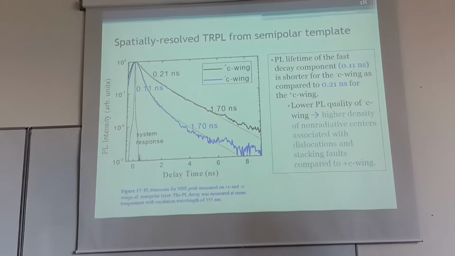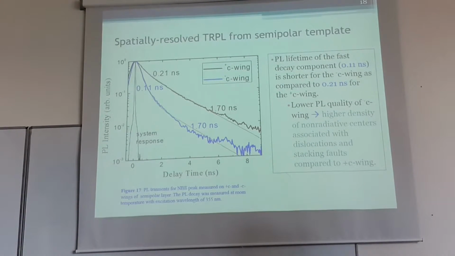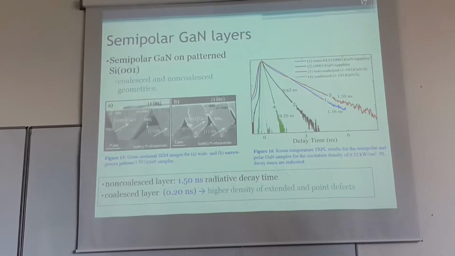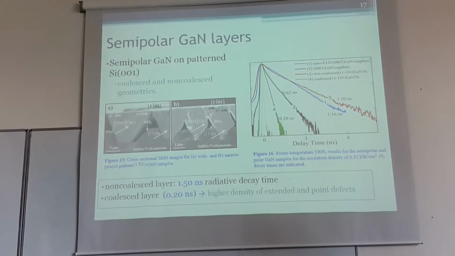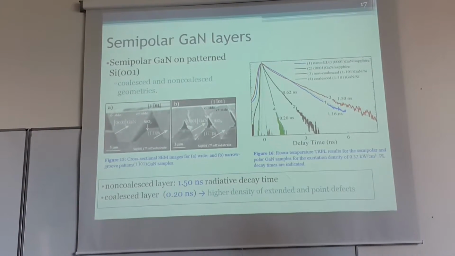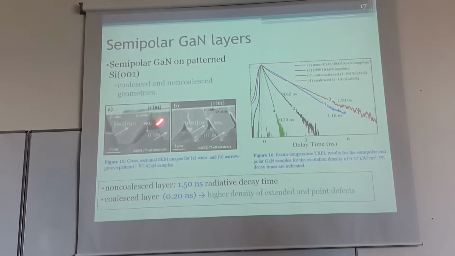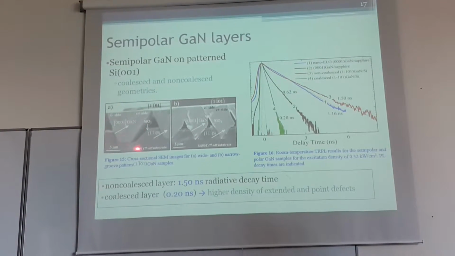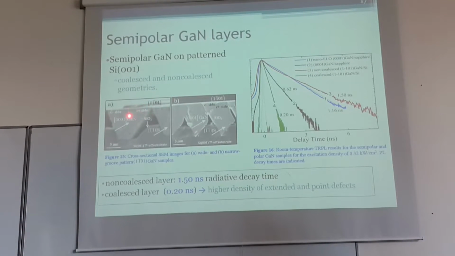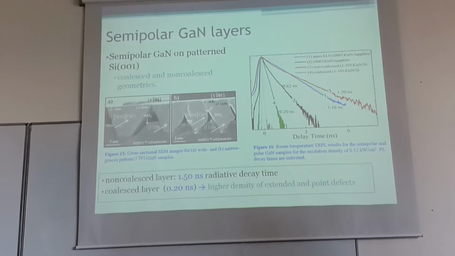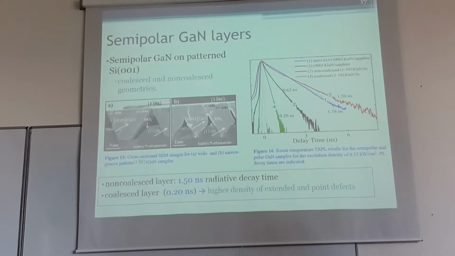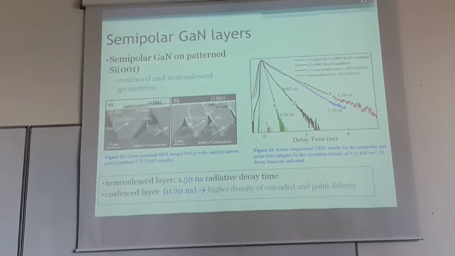So maybe I should show you here when we grow on this sapphire substrate. It grows in this direction and in this direction and other directions too, and we call this the C plus side, and this is the C minus side in this polycrystalline film.